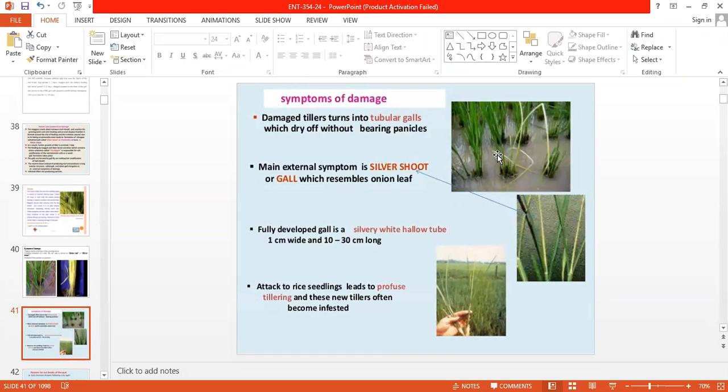Damaged tillers turn into tube-like galls, which later become dry without a panicle. These are the main external symptoms: silver shoots or onion shoots.